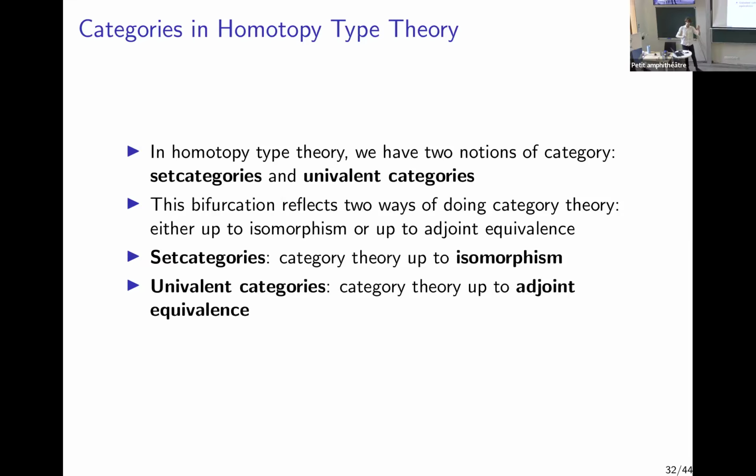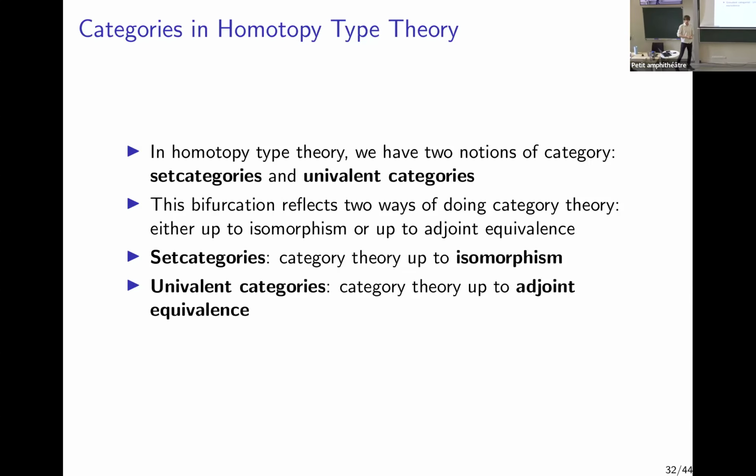Because either we work with categories up to adjoint equivalence, which is what we usually do in like 99.9% of the time, or we can work with categories up to isomorphism, which is something we generally do when we work, for instance, with models of type theory, because there we are forced to work strictly.